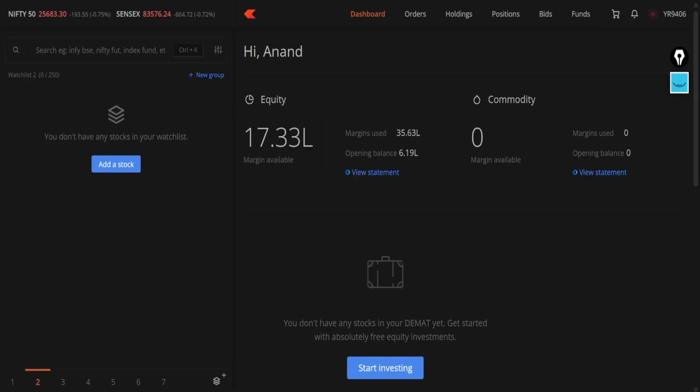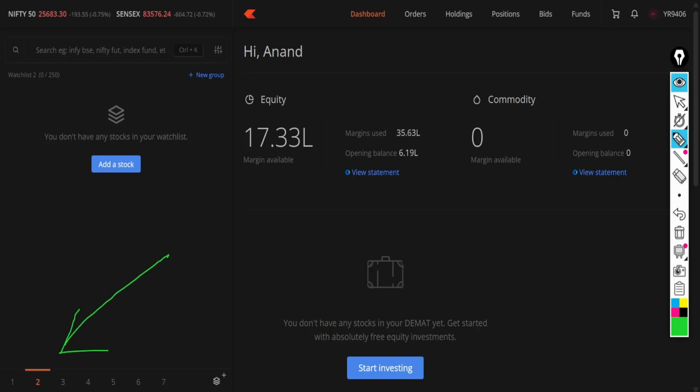So for illustration purposes, I have logged in to my Zerodha Kite account, and here I am just going to my watch list and I will add one security, for example Reliance, and we will see the market depth of that particular security for the same concept.